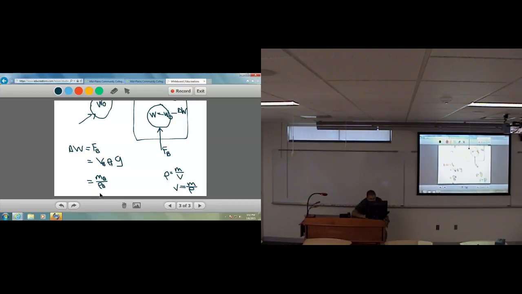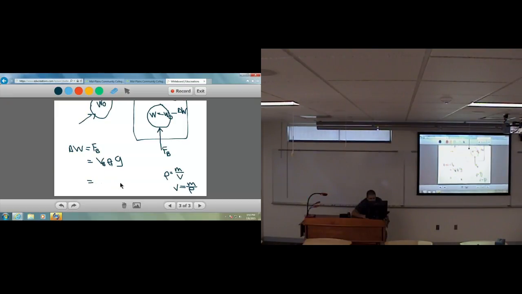I could write that as the density of the body minus the change in density, but let's not do that. That's just confusing.